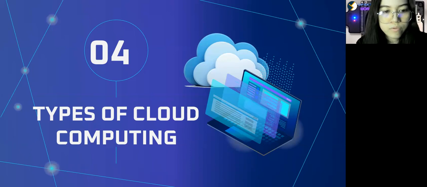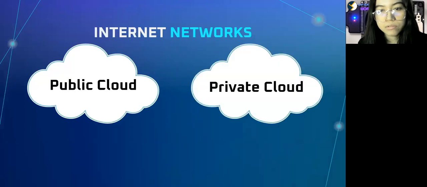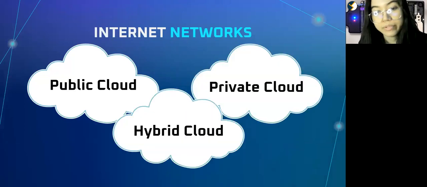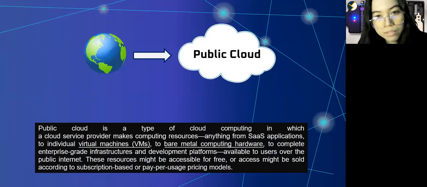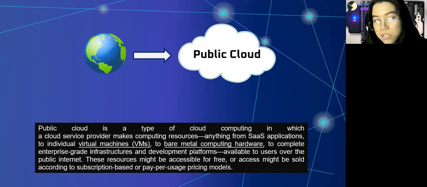Okay, let's proceed to the types of cloud computing. We have the public cloud, private cloud, and the hybrid cloud. Public cloud is basically a type of cloud computing in which a cloud service provider makes computing resources available to users over the public internet, anything from SaaS, or software as a service applications, to individual virtual machines, to bare metal computing hardware, to complete enterprise-grade infrastructures and development platforms.